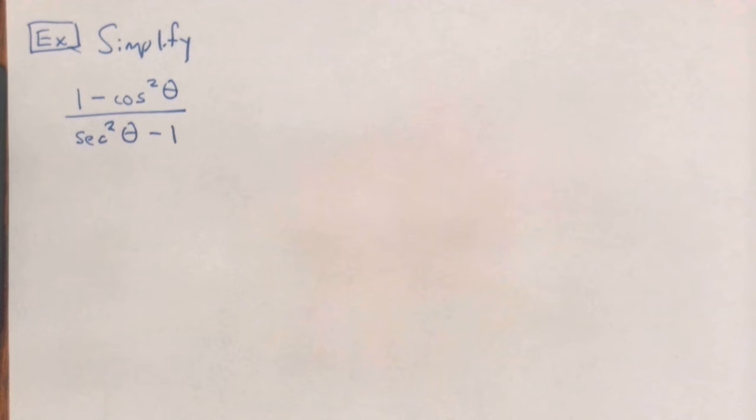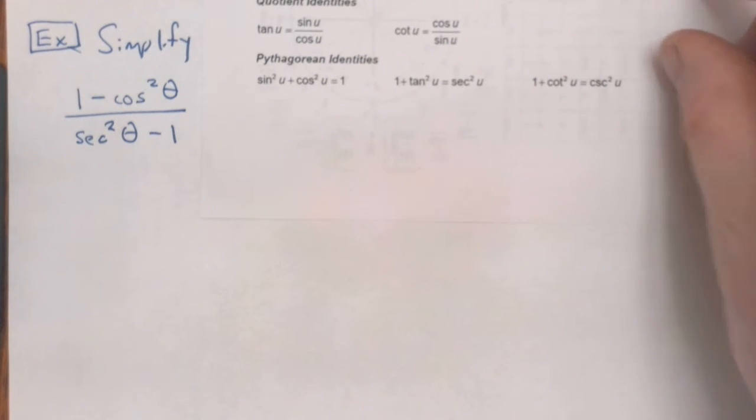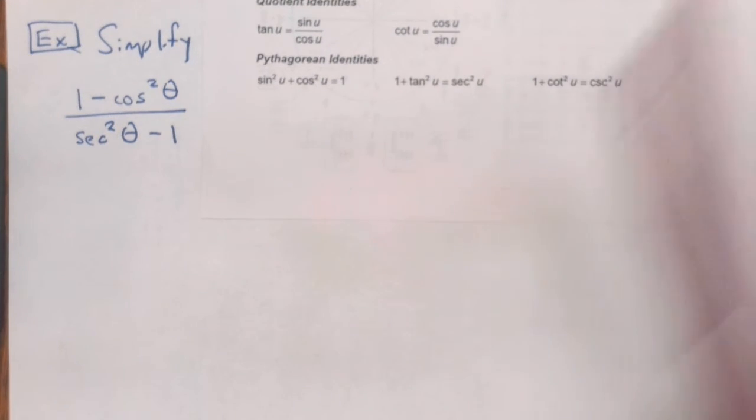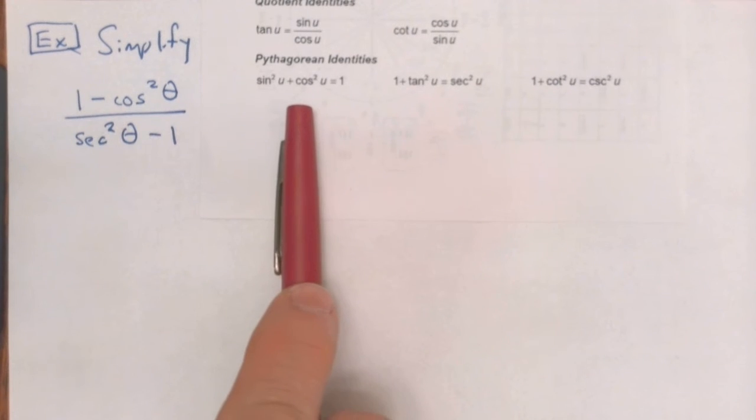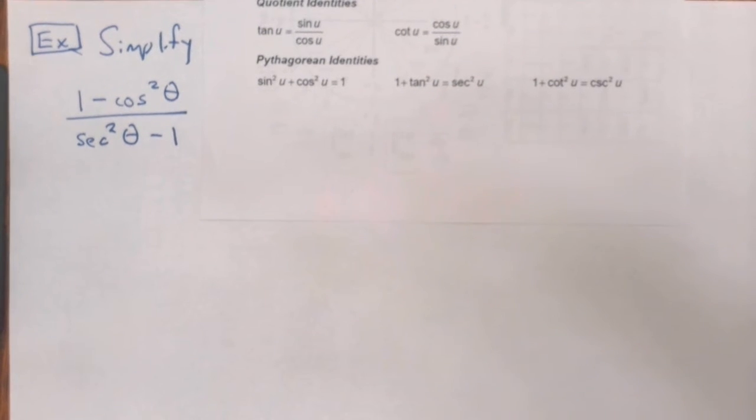Up on the top part of that fraction, we have 1 minus cosine squared. And out of our 3 different Pythagorean identities that we have, the one that has a cosine squared in it is sine squared of our angle plus cosine squared of our angle is equal to 1. So I want to use that Pythagorean identity in order for us to be able to do a substitution.